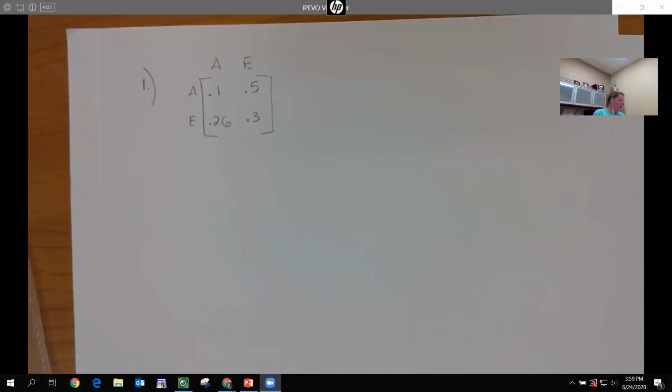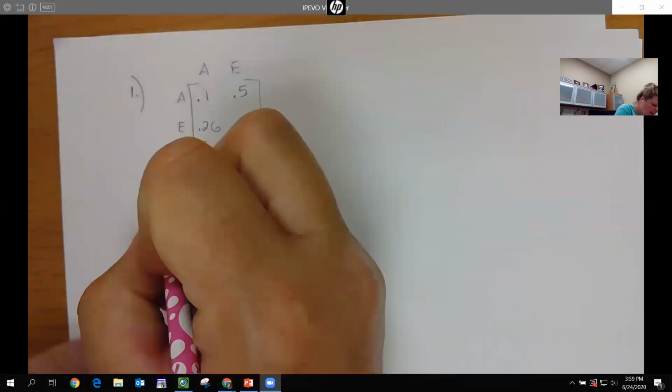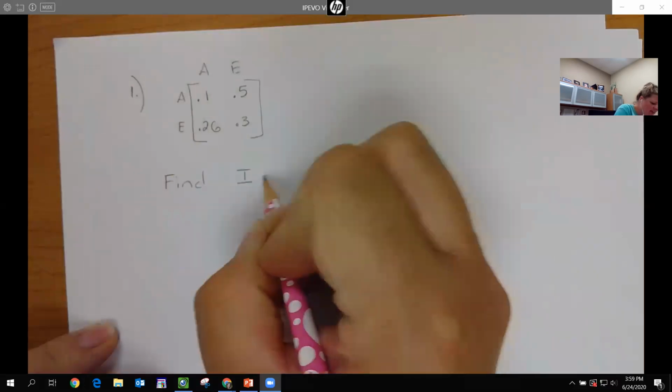If I want to find the solution of this, the first thing I'm going to start with is to find the identity minus the given matrix.